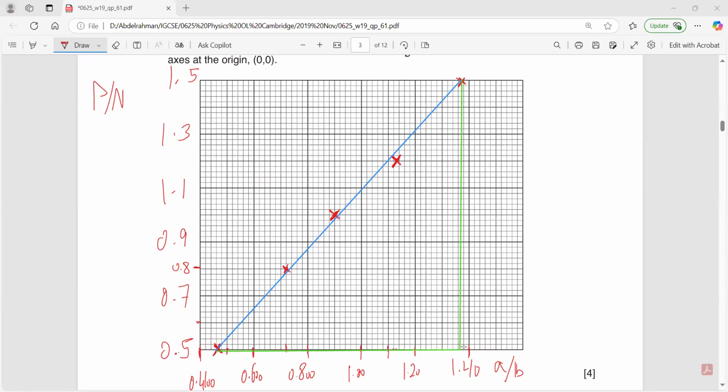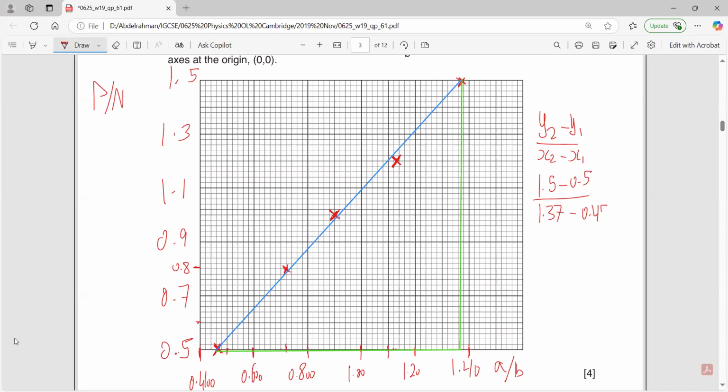Basically, you need to find the rise over run, which is y2 minus y1 over x2 minus x1. y2 is 1.5 minus y1, 0.5, over x2, 1.37, minus 0.455.